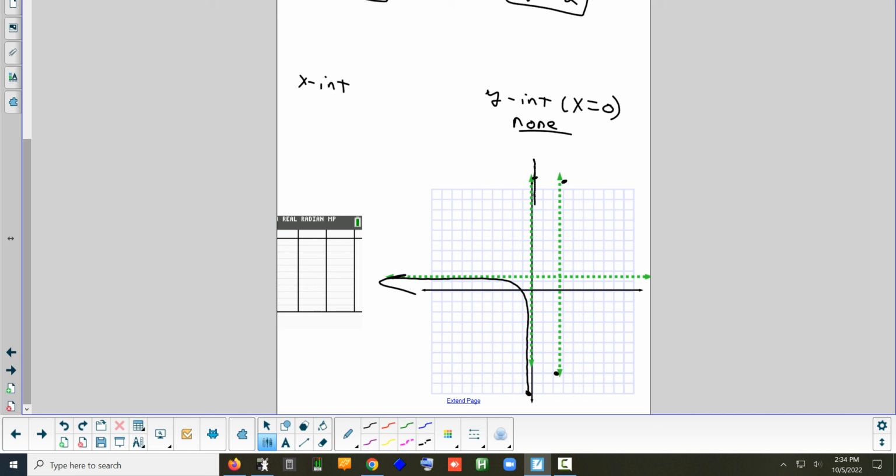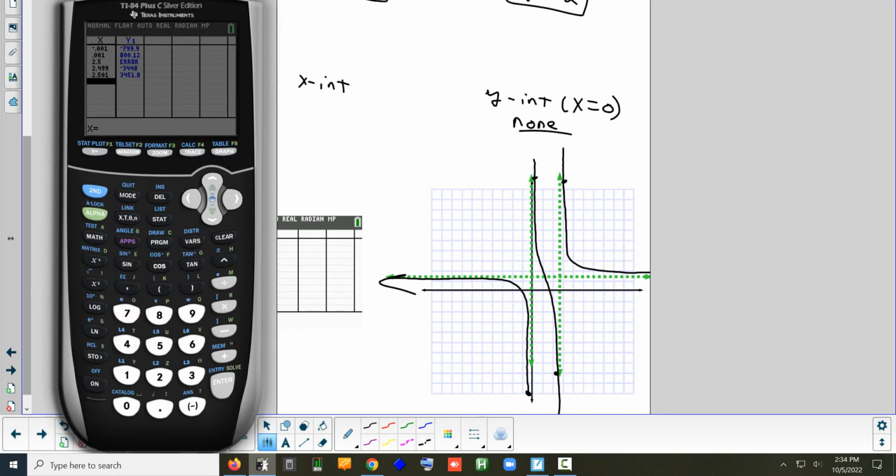So it's going to kind of come down. I don't know exactly where it's going to curve, but it's probably going to do something like that. The middle is so steep this time that the calculator probably can't draw it. And this section, it's going to look like that.